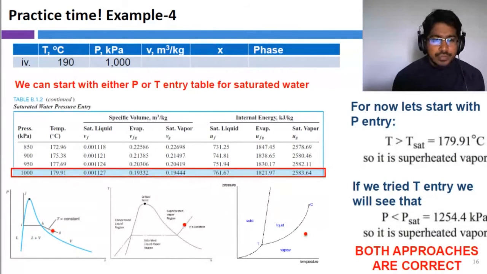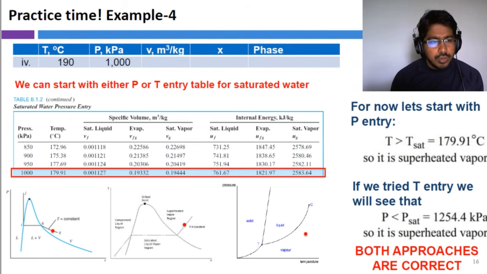So in any case, if you don't see your temperature or pressure in that table, that gives you a hint about something, right? So if you start with temperature entry and if you fail to find 190, that may give away a hint for you. If it is there, then you can proceed from there.